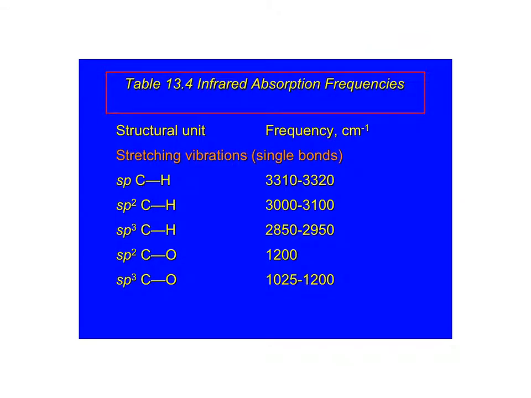Sorry about that. This is what I meant by the numbers: if it's a carbon-hydrogen sp hybridized, so from an alkyne carbon, it's much higher in the wave numbers, further to the left, than one that's tetrahedral. Once again, don't memorize those numbers.